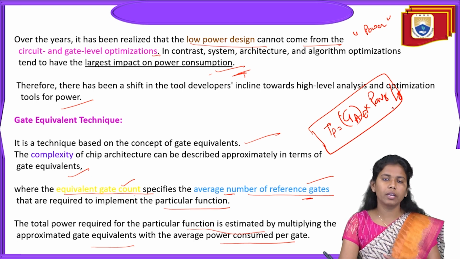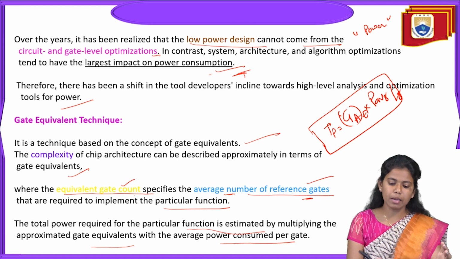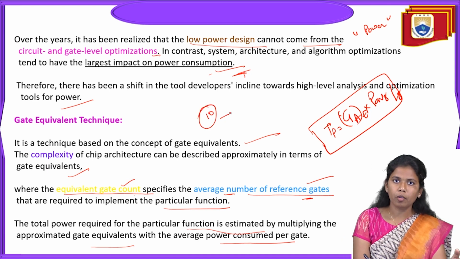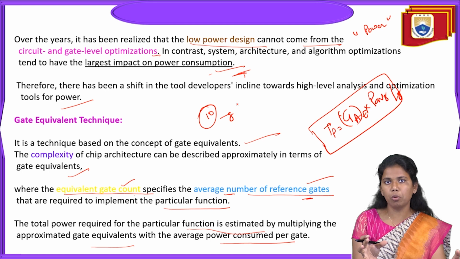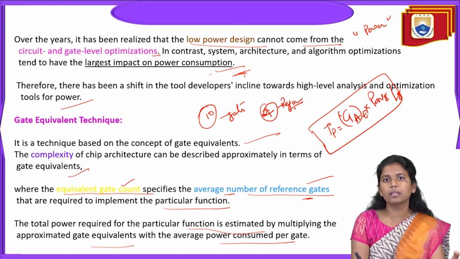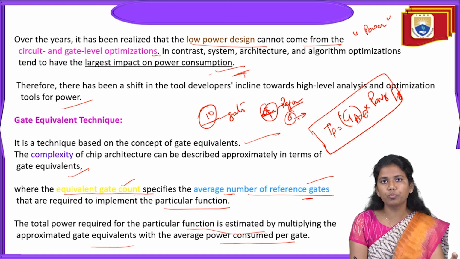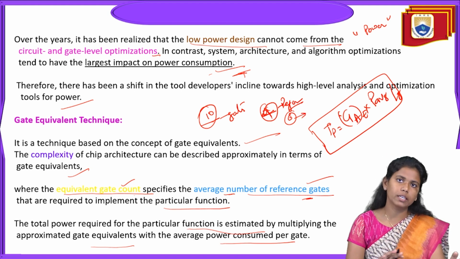For example, if you are considering 10 gates to construct some module, out of these 10 gates, 4 gates are the reference gates, the basic gates, and 6 gates are the normal gates used for the interconnection purpose.